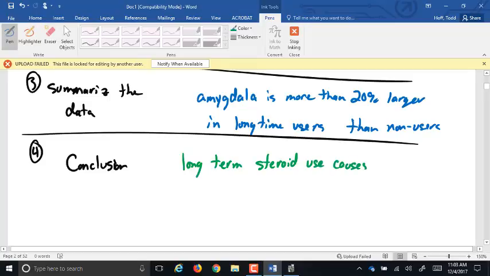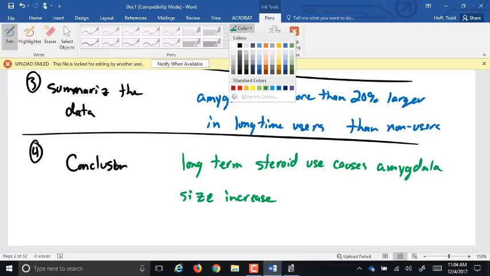Causes, causes just the enlarged amygdala. Long-term steroid use causes amygdala size increase, or an increase in the size of the amygdala.